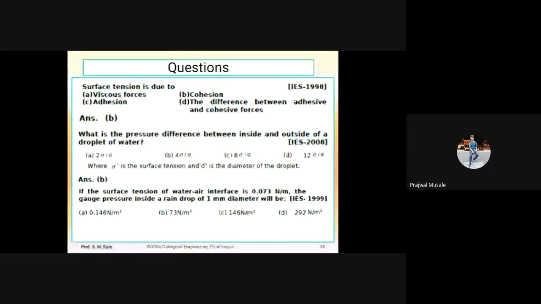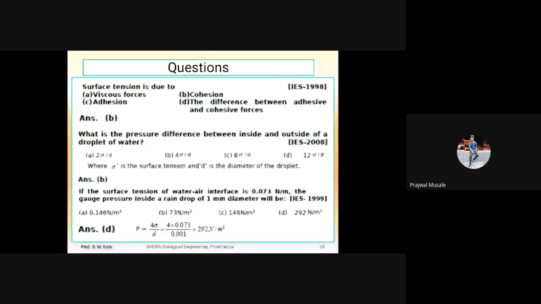Most of the students are writing the answer as D, and the correct answer is option D, because we know that for a liquid droplet the formula is delta P equal to 4 sigma upon D. So 4 into sigma. What is the value of sigma? 0.073.